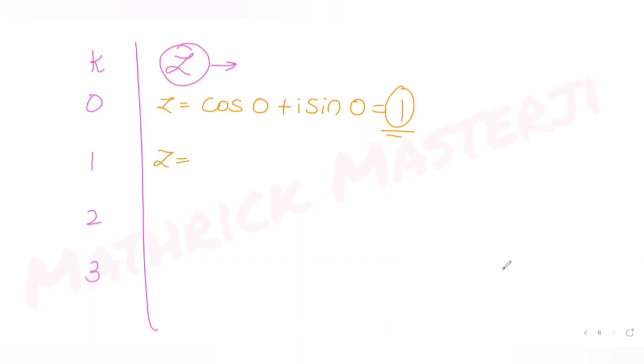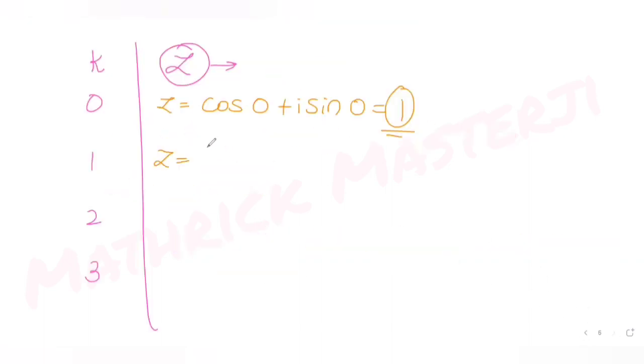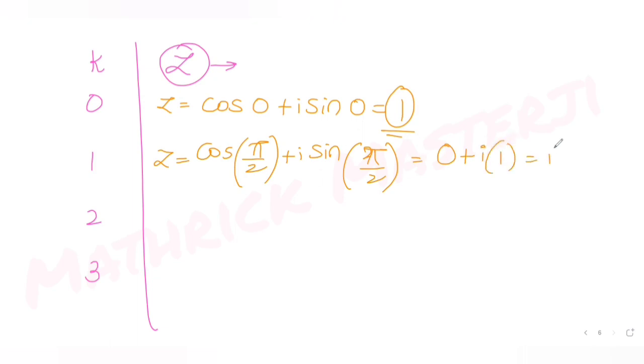If I put k as 1, I get cos of 2 pi by 4. So cos of 2 pi over 4 means cos of pi over 2 plus I sine of pi over 2. So from here I get cos of pi over 2 which is 0 and sine pi over 2 which is 1. So you get I here. Next I get z equals to cos of 2k pi, so k I'm putting here 2.